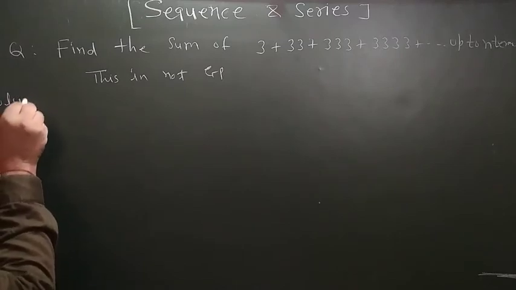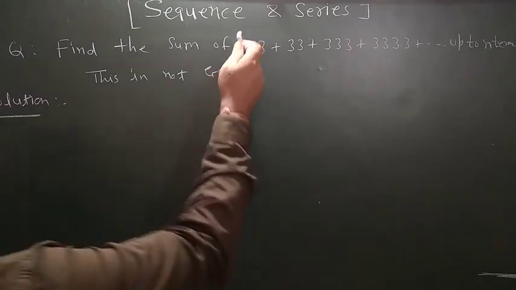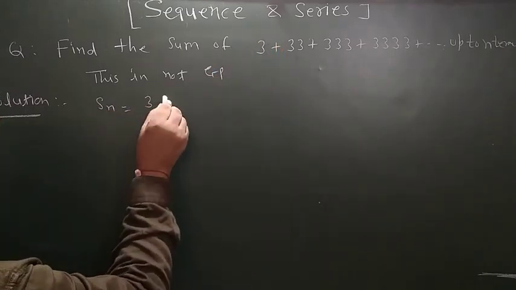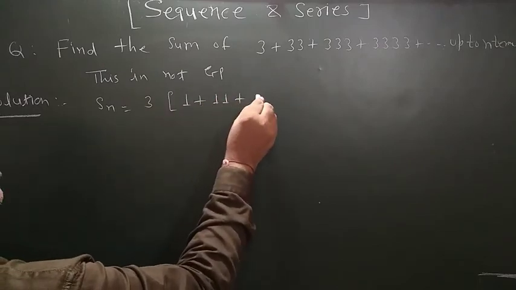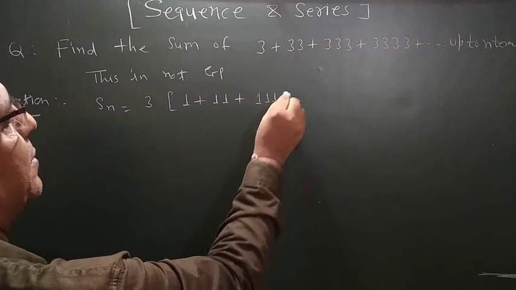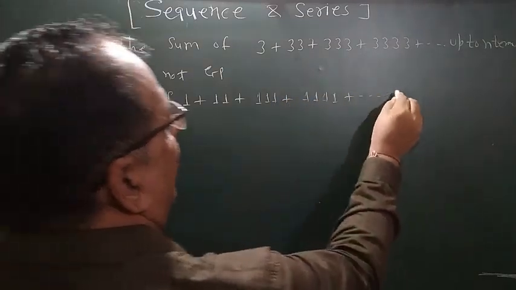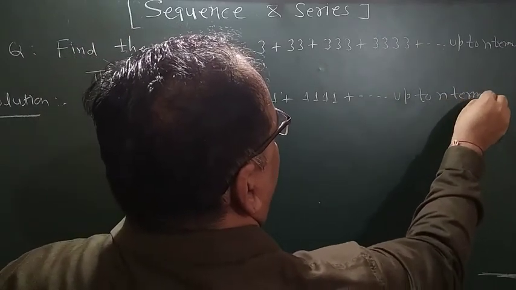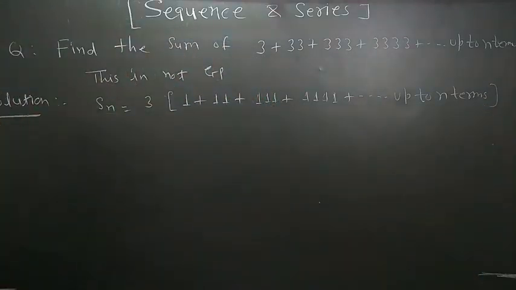So what is the process for this type of question? First, take the numerical value 3 common. So Sn equals 3 times (1 plus 11 plus 111 plus 1111) up to n terms. Take 3 common from all the terms.